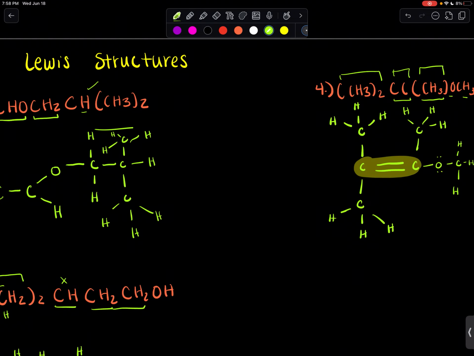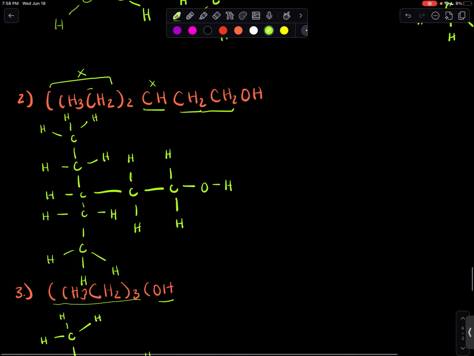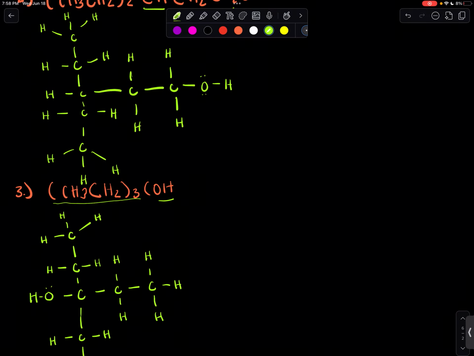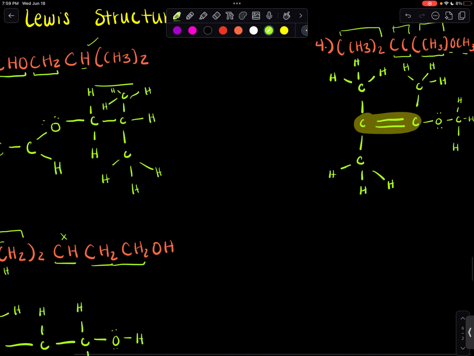And then in relation to the octet rule, we might want to fill in all of our lone pairs. Okay. So there you have it. That would be the structure.